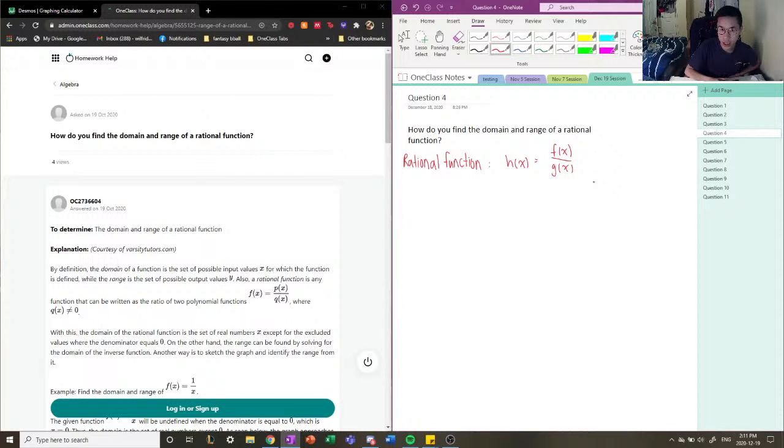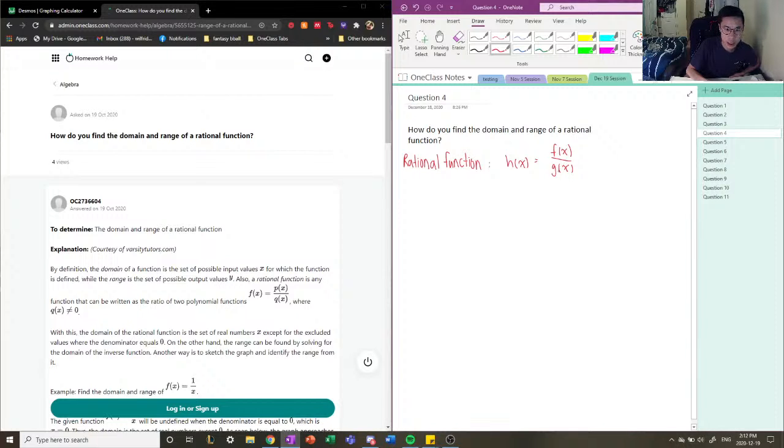They're asking us to find and define the domain and range of a rational function. In the last case, we saw that the domain was restricted to all values of x greater than 0. In this case, the domain is restricted to a different set of values. This has to do with limits, but we have to realize that the denominator function can never be equal to 0, because anything divided by 0 is undefined.